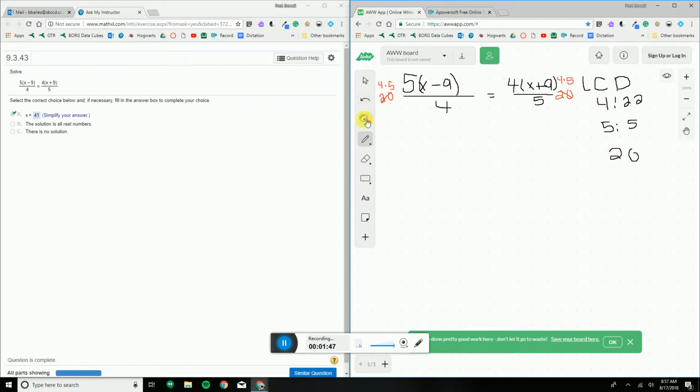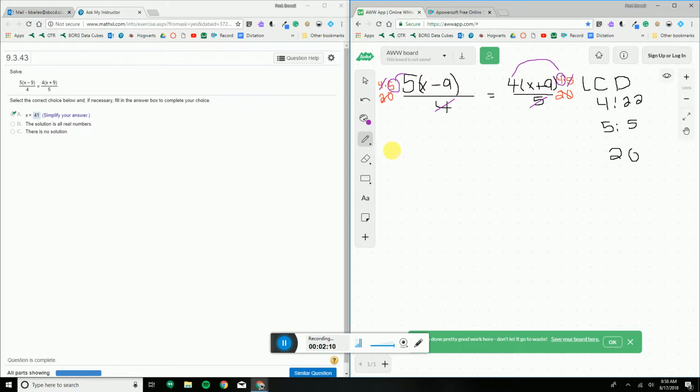Okay, so on this side, different color, I can see that 4 and 4 will cancel, and I'll be left with this 5. And on this side, I can see 5 and 5 would cancel, and I will be left with 4. So now I just need to multiply the 5 and the 5, and the 4 and the 4, and then I'll go ahead and distribute.